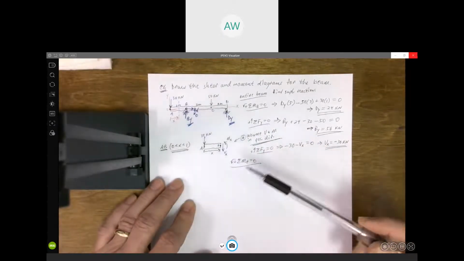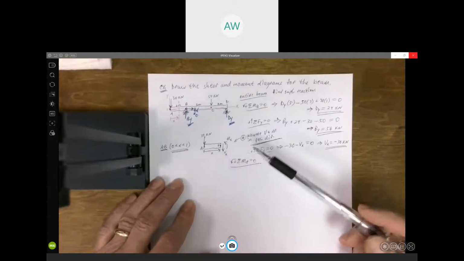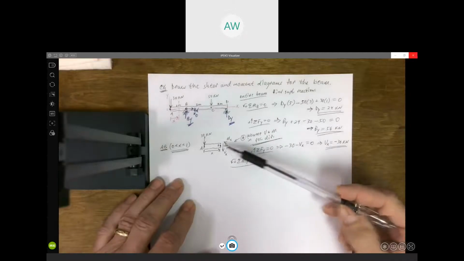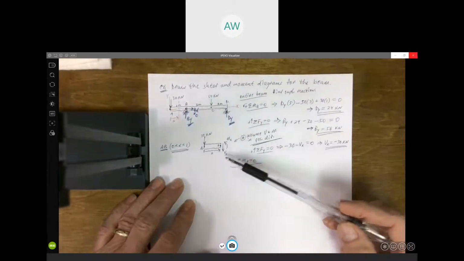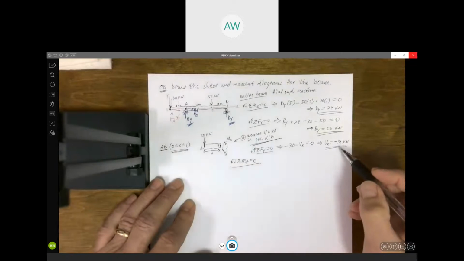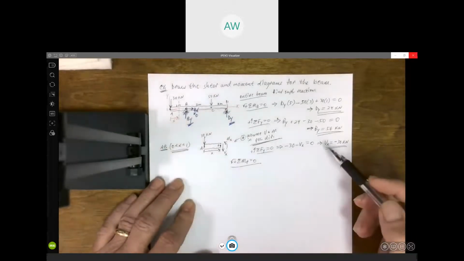And I'll tell you the motivation and why I suggest you do that. If you sum the moments about the point where you cut it, then you eliminate your shear force V. It goes through that point and it won't show up in your moment equation. So if you happen to have made a mistake when you calculated V, you won't compound that error and get the wrong moment.